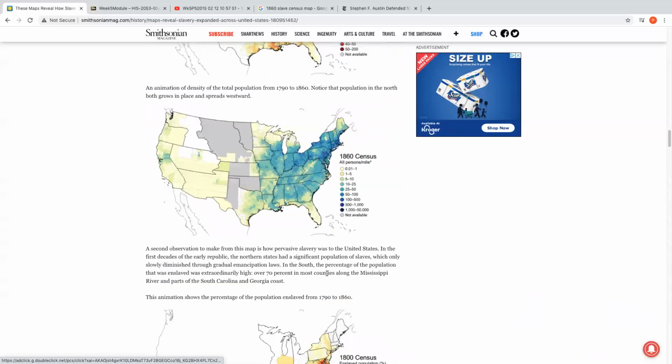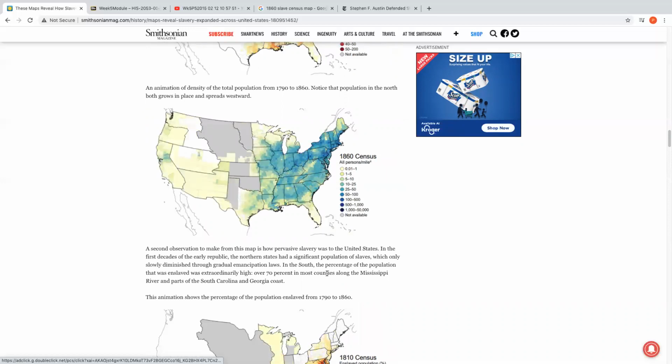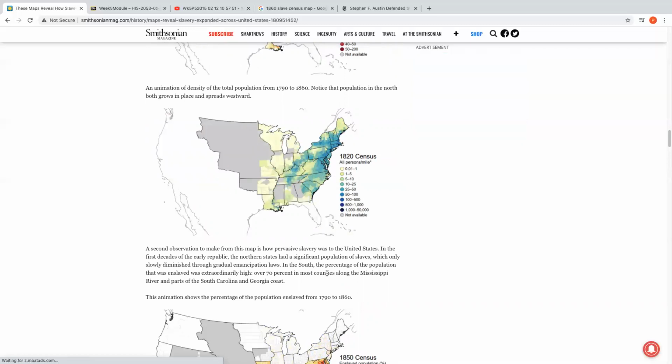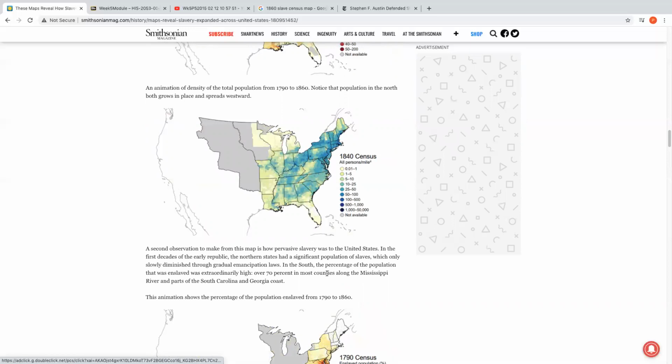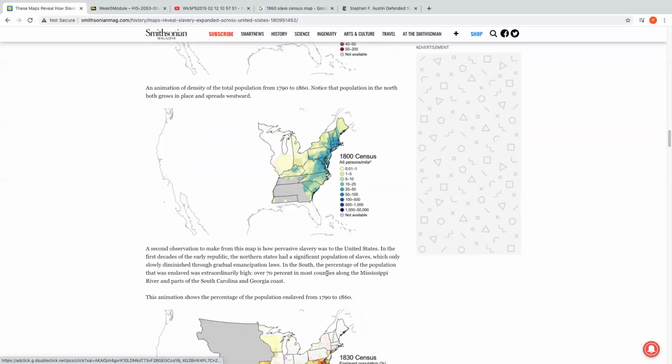So this map, I think, is a very good map. You can see the growth of slavery, you can see it moving westward, and you can see how Texas, at the beginning of this interactive map, is literally not even on the map, because Texas is part of Spain and then part of Mexico.